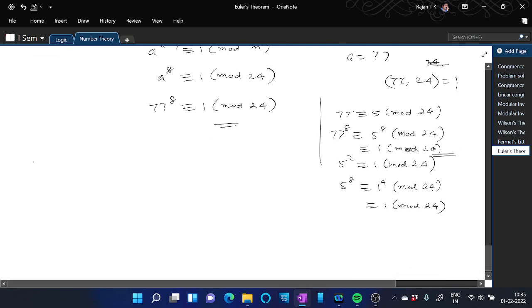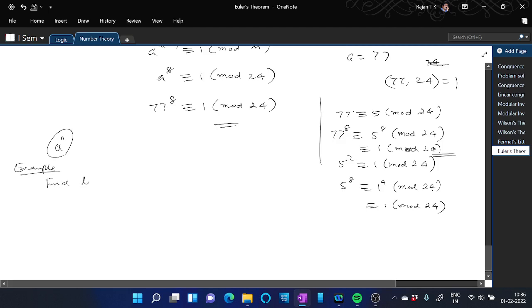So as we use the Fermat's theorem for finding the remainder when a number of the form a raised to n is divided by another number, here also we can find the remainder by using Euler's theorem. So let us take such an example.